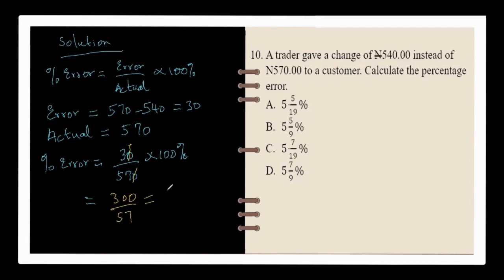Of course, 3 can still divide 300 and 57, so we have 100 over 19.